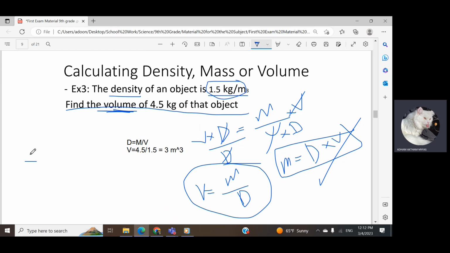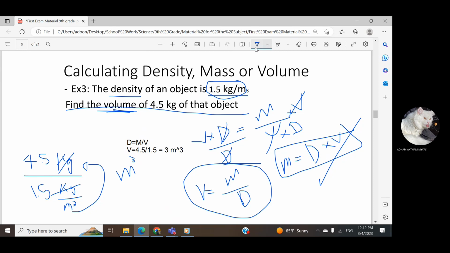Easily, when you are talking about 4.5 kilogram, and here we can see that we have 1.5 kilogram per meter cubed. If we see this, remove them together, put this on the numerator, then we will have meter cubed and so on. Okay.